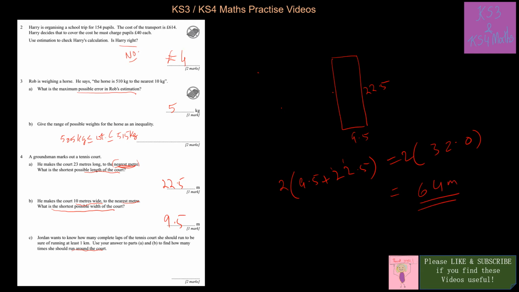Now she has to be running 1 kilometer, that is 1,000 meters. How many 64s are there in 1,000? We can get it by doing 1,000 divided by 64.